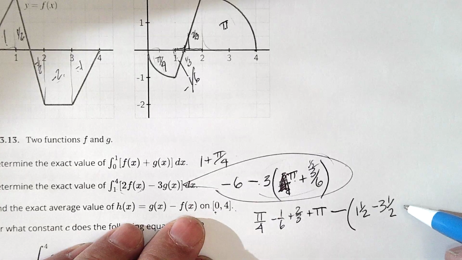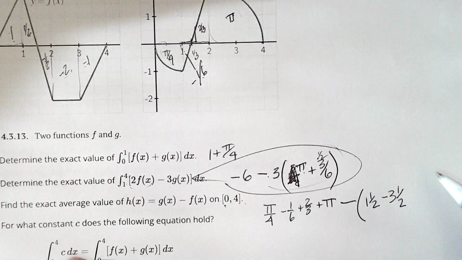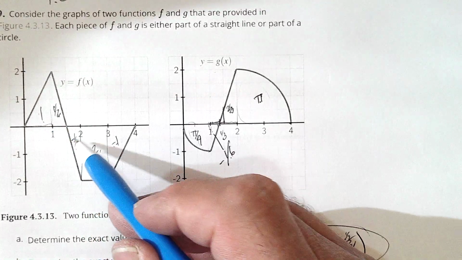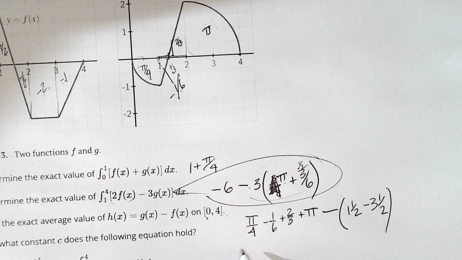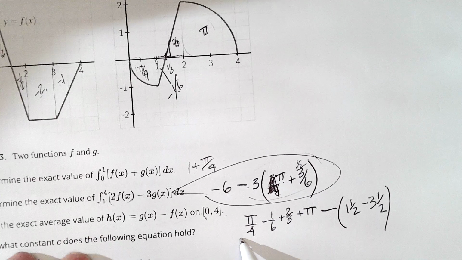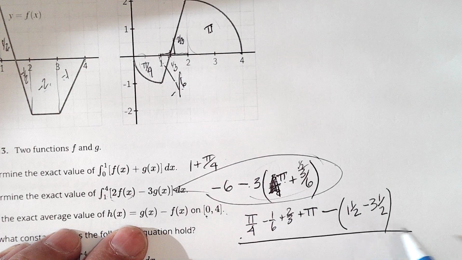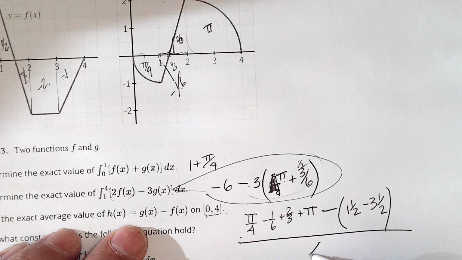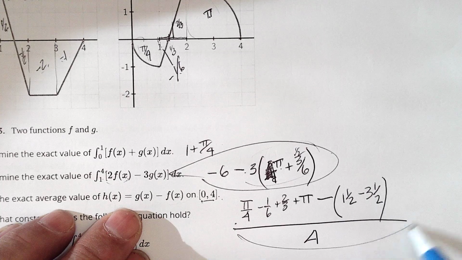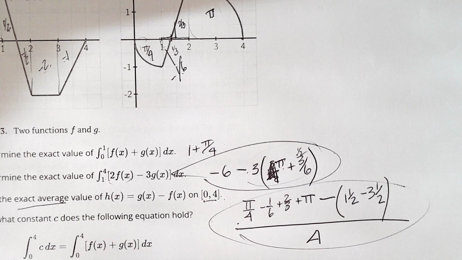No, minus 3 1/2. That's all of it. 1 1/2 minus 3 1/2. That's the total area. So the average value is going to be that divided by the width of the interval, which is 4. So that simplified and not gone to decimals will be the exact average value.